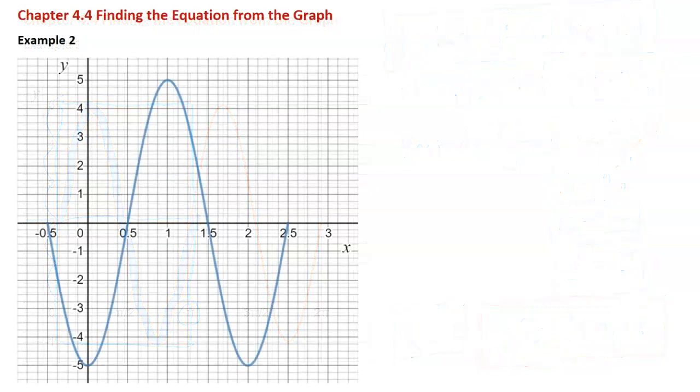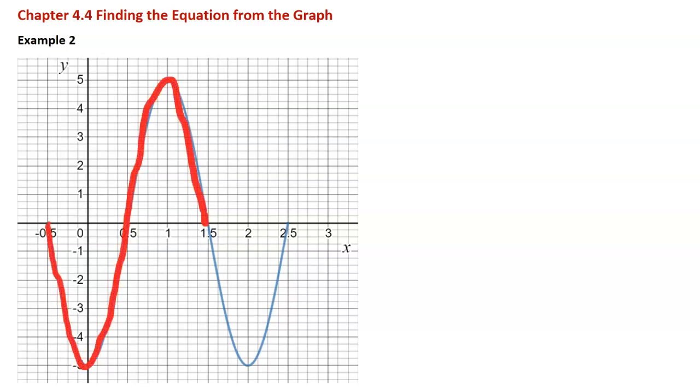Now let's observe the graph from the second example. There are a few ways we can approach this graph. If we look at the graph from x equal -0.5 to x equals 1, it looks like a sine curve reflected about the x-axis and shifted a half unit to the left horizontally.